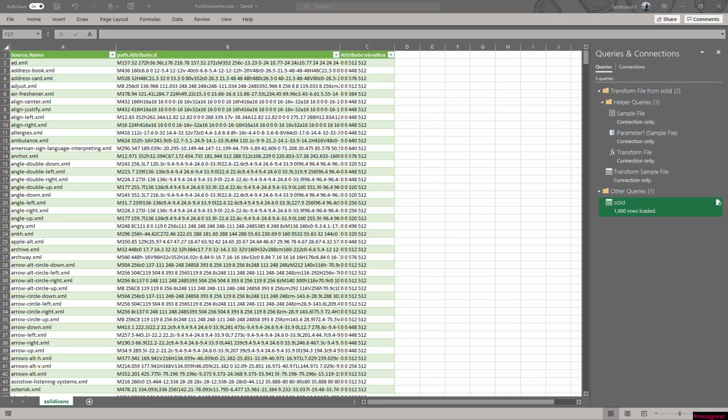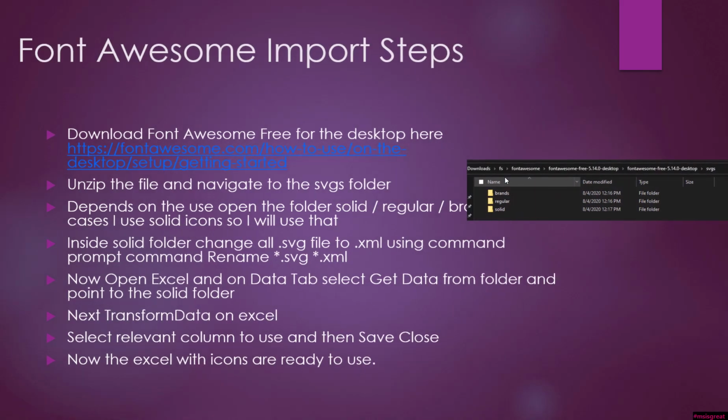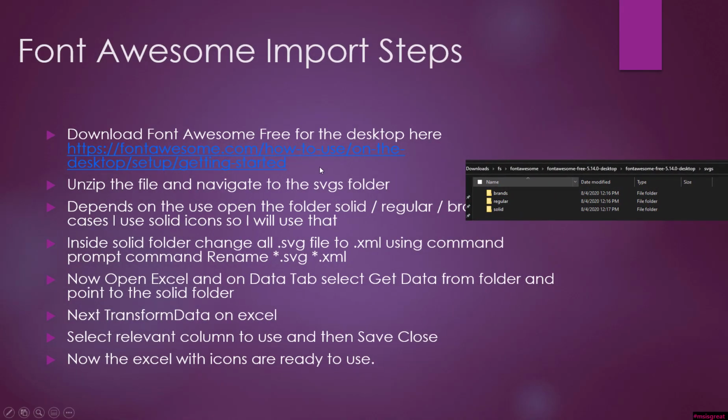Just a quick review of what we did in the steps. Basically, we downloaded the file from the desktop as Font Awesome desktop, unzipped it, and we are using the solid icons which are in the SVG folder, renaming them, then finally importing into Excel and transforming it to make it usable within PowerApps.